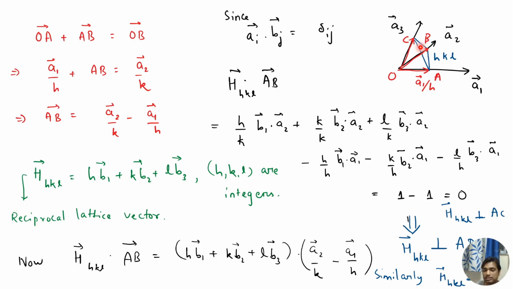So the sufficient statement would be: if a vector hkl is perpendicular to any two non-parallel lines on the same plane, then it is perpendicular to that plane as well. So that is why h of hkl is perpendicular to this Miller plane. That is the first statement that we have established.